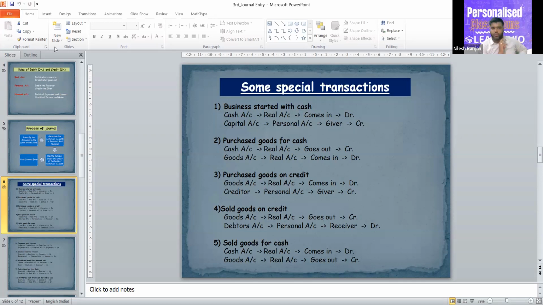Cash is a real account, and by the rule of real account, cash goes out, so it is credited. Goods is also a real account, and by the same rule, it comes in, so it will be debited.